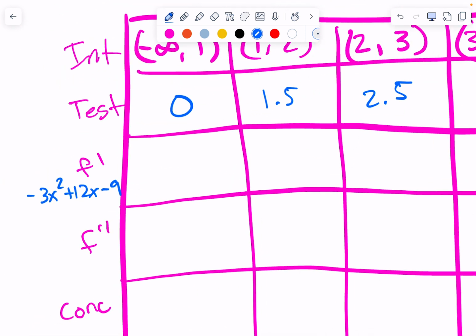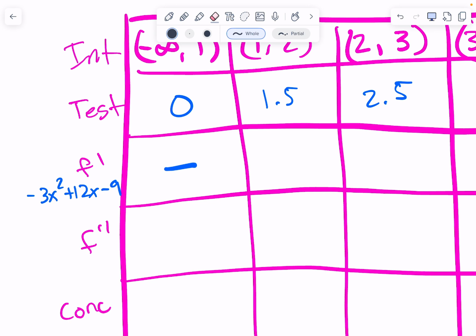We've got to plug all of this into the calculator. All right, 0 will be minus negative 9. Okay, 1.5. Negative 3 times 1.5 squared plus 12 times 1.5 minus 9.